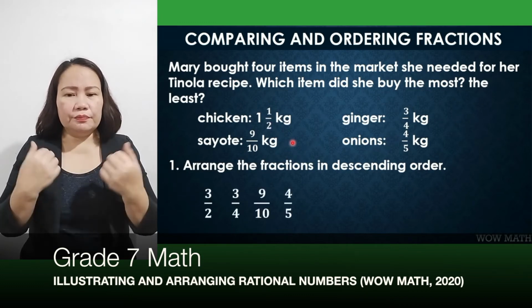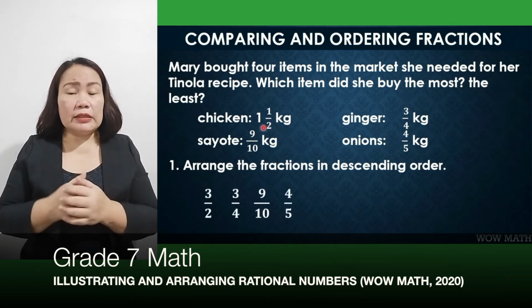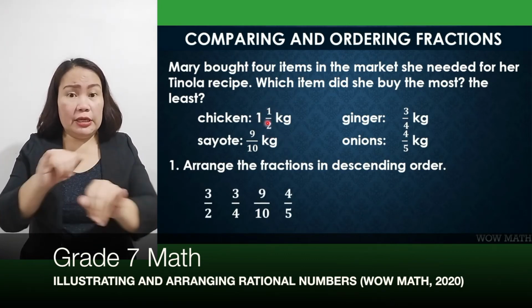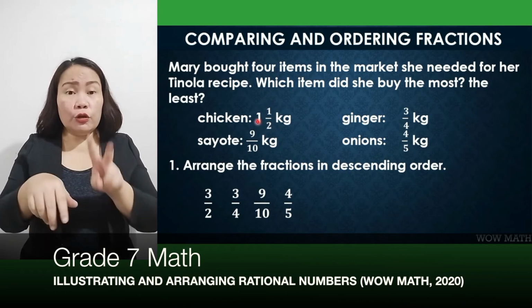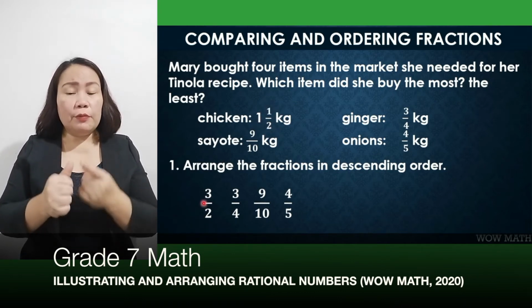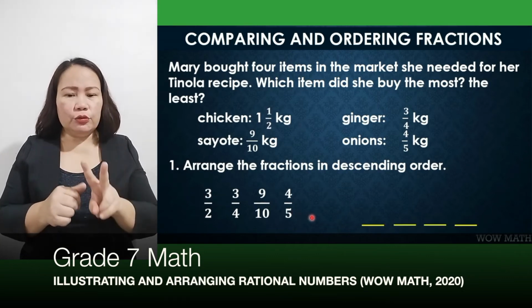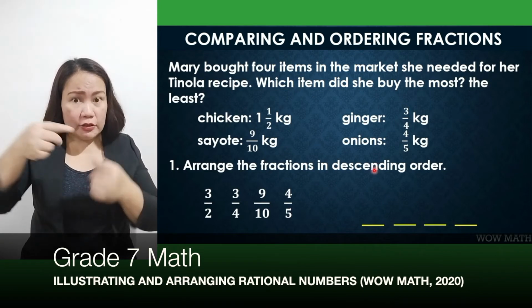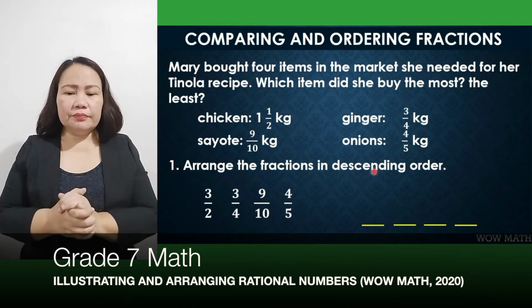So, I have this. Now, we all know that this mixed number can be expressed as improper fraction. So, 2 times 1, 2 plus 1, that is 3/2. Alright? So, now, let us arrange the given rational numbers in descending order. So, from highest to lowest.